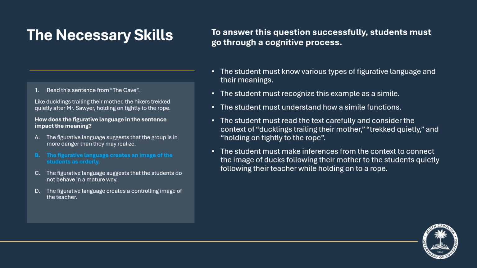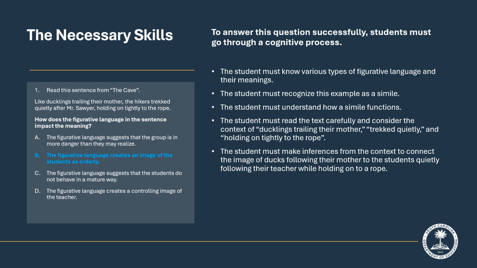To answer this question successfully, students must go through a cognitive process. The student must know various types of figurative language and their meanings. The student must recognize this example as a simile. The student must understand how a simile functions.